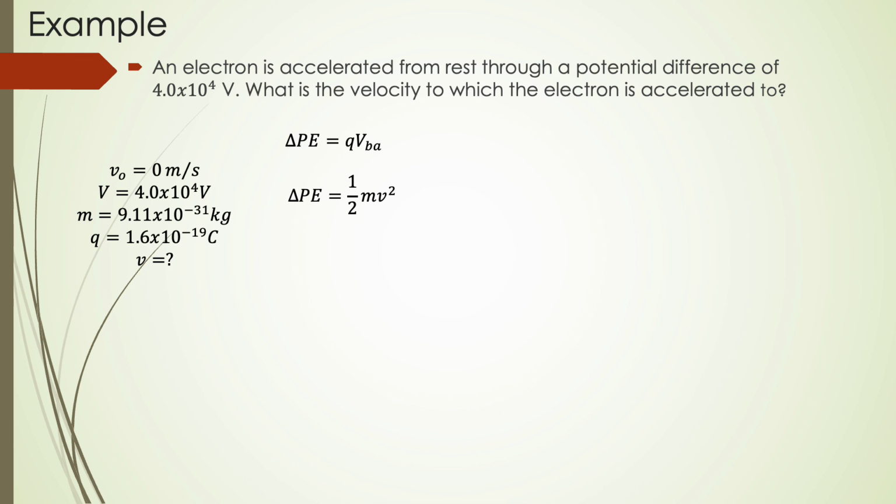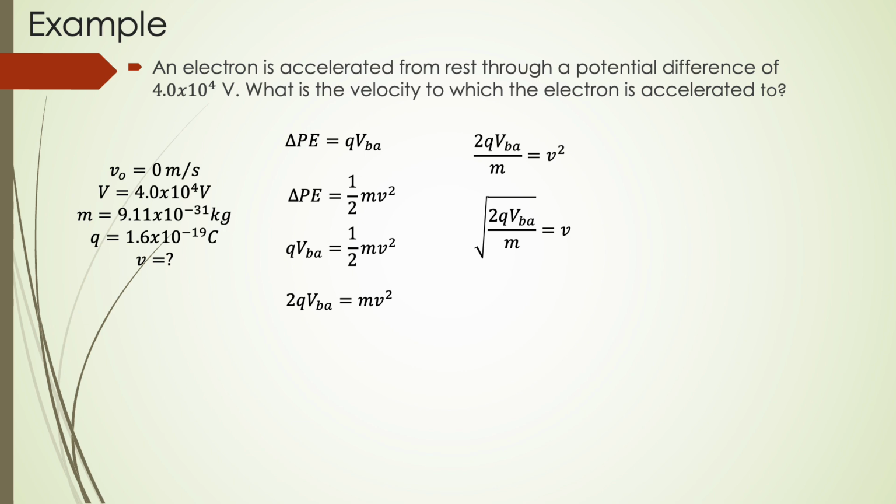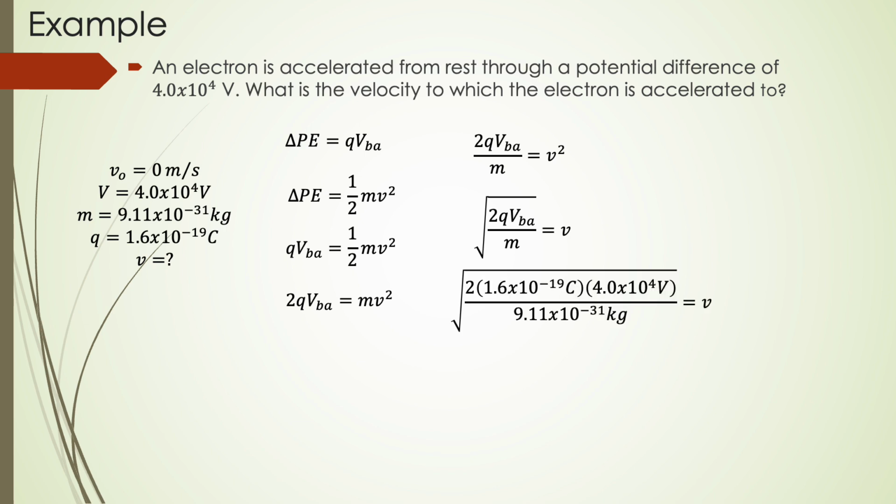We can make those two equations equal to each other, and then rearrange and solve for our velocity. I'd multiply both sides by 2, divide by the mass, and then take the square root of both sides. At this point, substitute our values in, and we get 1.2 times 10 to the 8 meters per second.